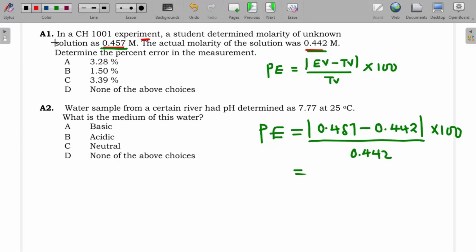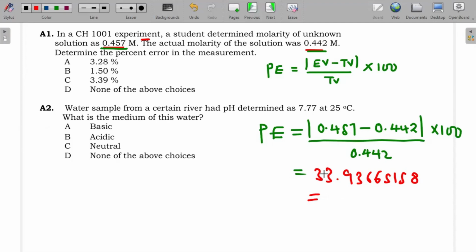The rest is just to punch the calculator. 0.457 minus 0.442, divided by 0.442, multiplied by 100. I'm getting 3.393665158.